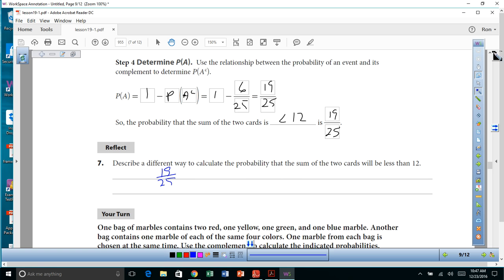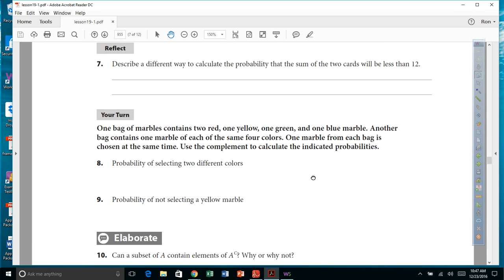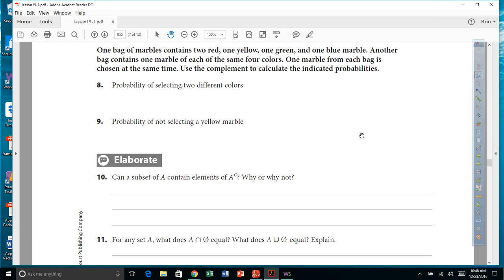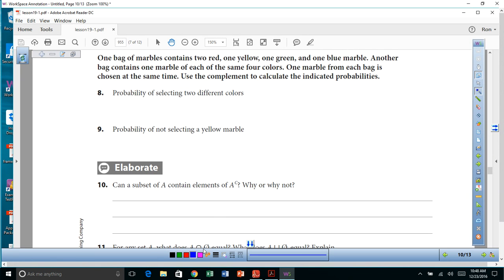All right. Your turn. A bag of marbles contains 2 red, 1 yellow, 1 green, and 1 blue marble. So I'm going to draw a bag here. I like to draw a bag.